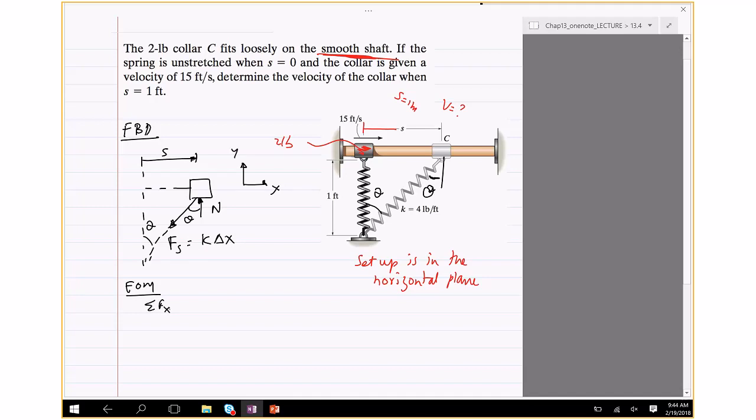The summation of forces in the x direction is k delta x sine theta. Sine theta acts this way, but that force is acting in the negative x direction, equals mass times acceleration in the x direction.